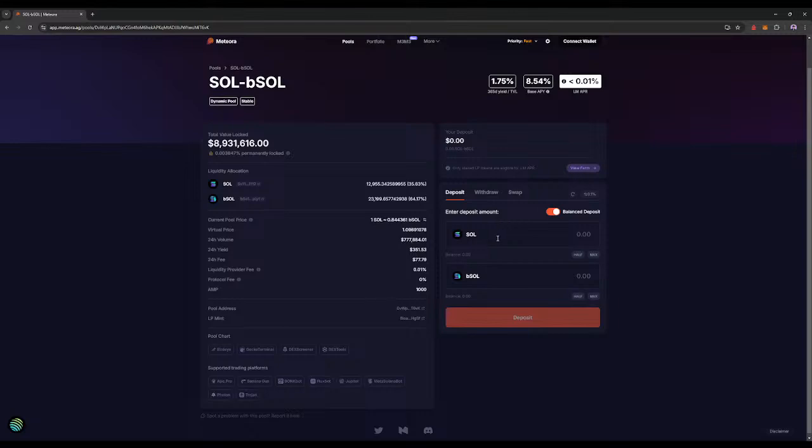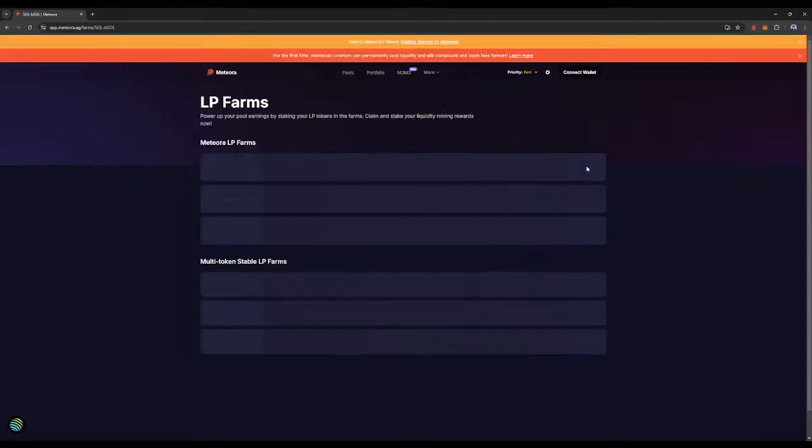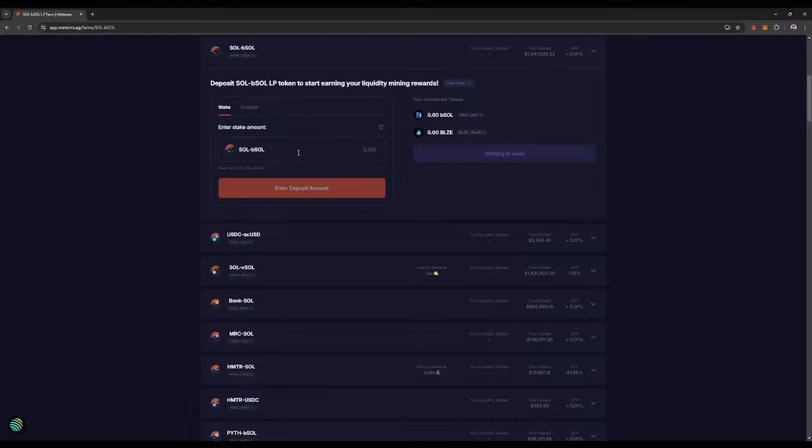When I'm adding liquidity to this pool, in exchange I'm also getting some liquidity tokens in return, which act as a receipt for our liquidity in the pool. Those liquidity tokens you can deposit in a farm, and they will generate the additional rewards that have been set by the protocol or the project.